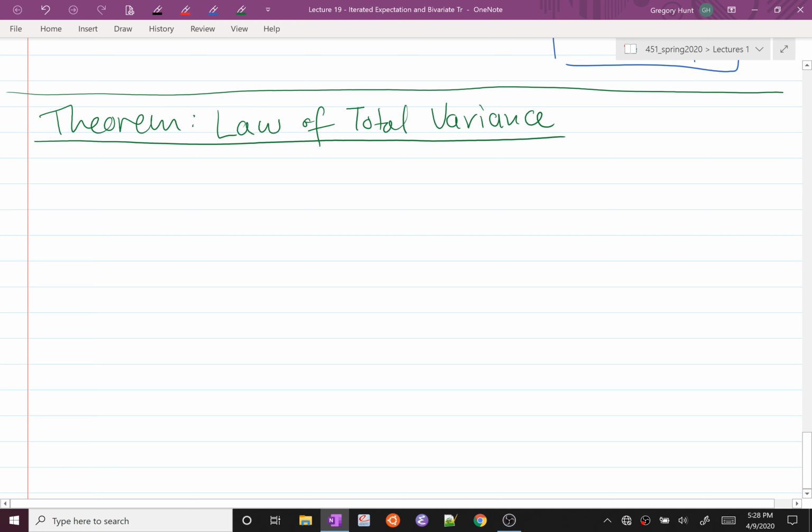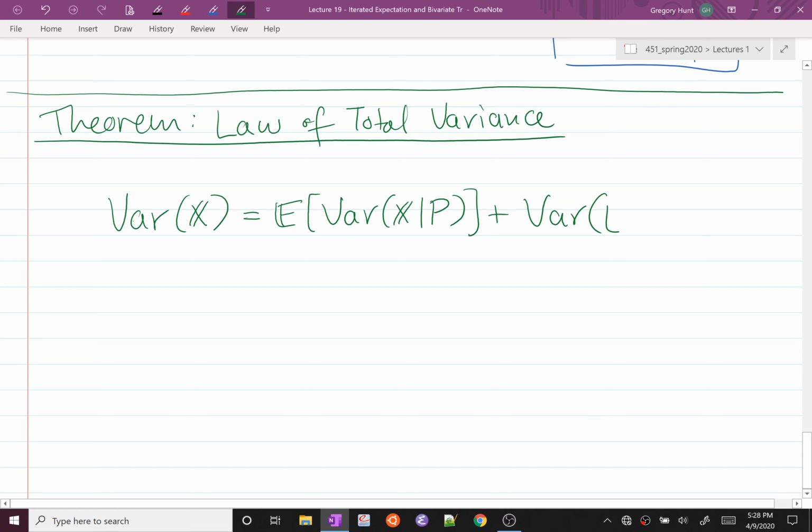So the proof of it is actually pretty simple. The statement is that the variance of a random variable x, and here's how we're going to remember it, is the expected value of the variance of x given p, plus the variance of the expected value of x given p.